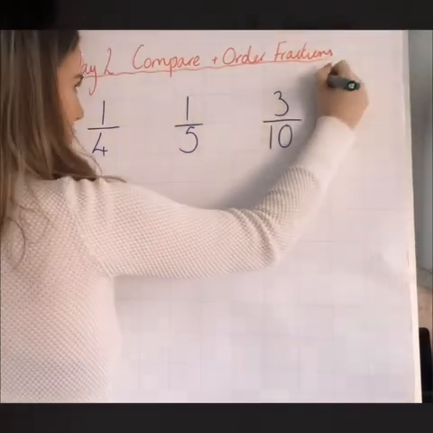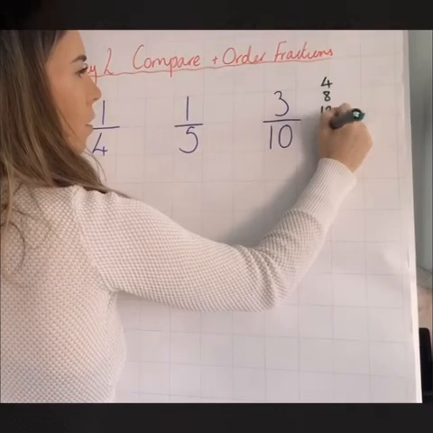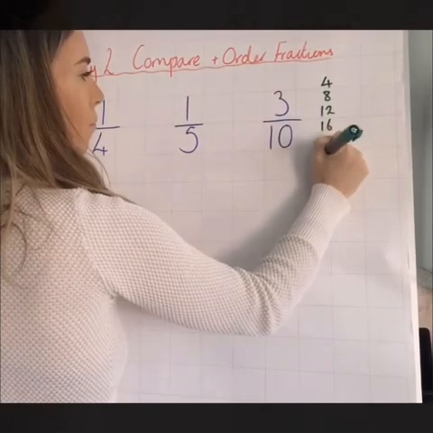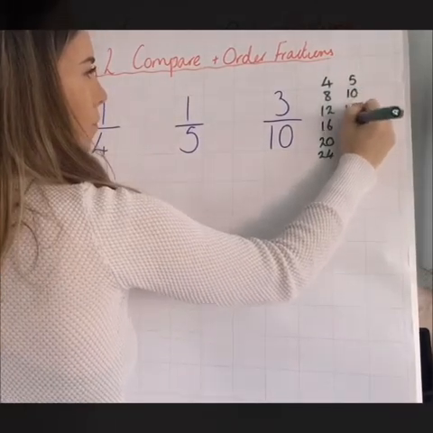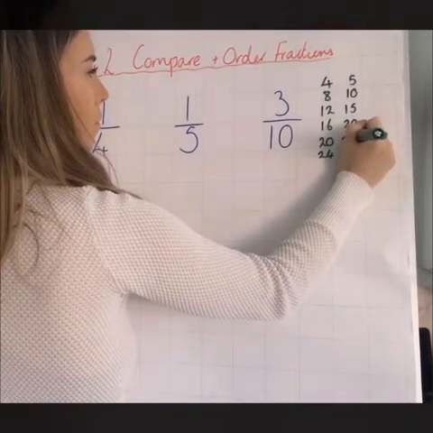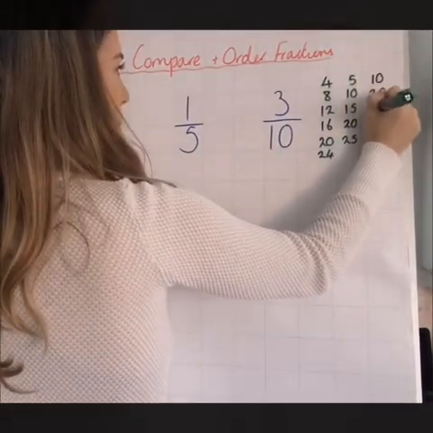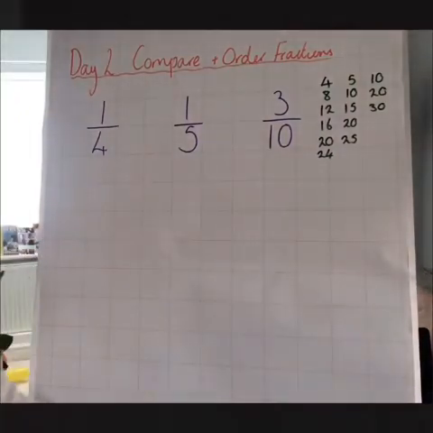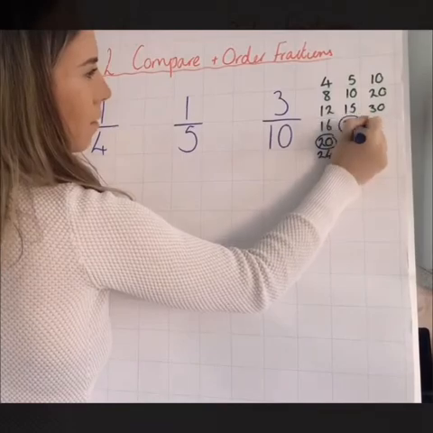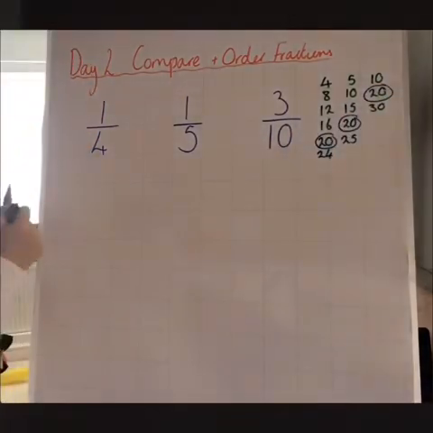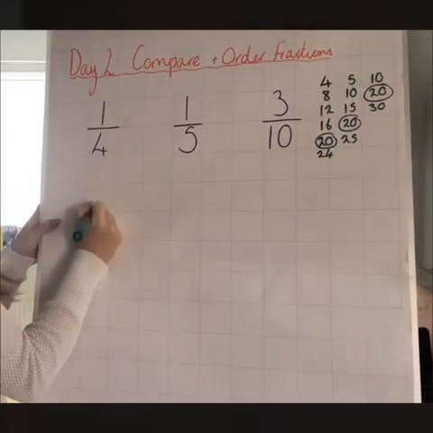If I just did that over here, like you would in your book, do my 5s, and if I do my 10s, I can see very quickly that 20 is a common multiple of 4, 5 and 10, so that's what I'm going to use.